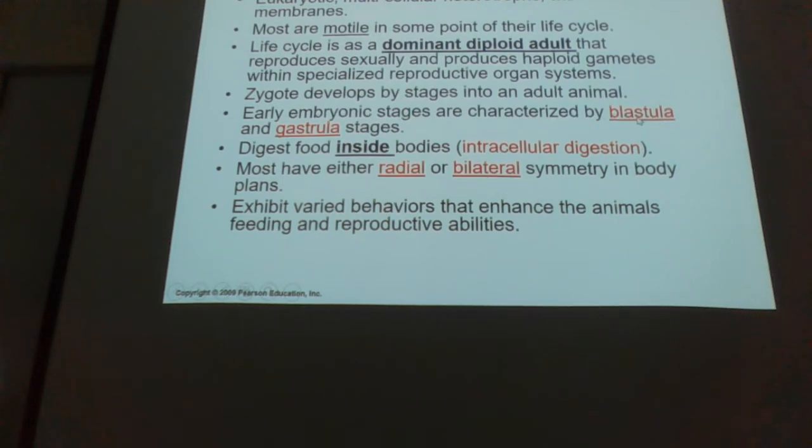So this is what we're going to learn about today, okay? So I'm skipping here, blastula, gastrula. I will explain it to you in a minute. The other important feature of animals, we already learned this, distinguishes us from fungi. We have intracellular digestion, not extracellular. And think about an amoeba.